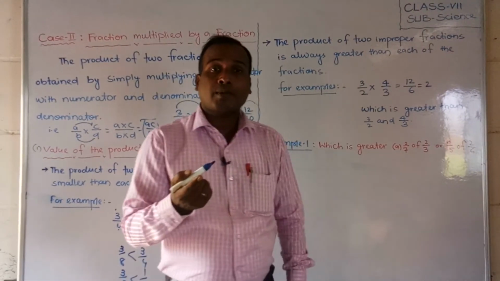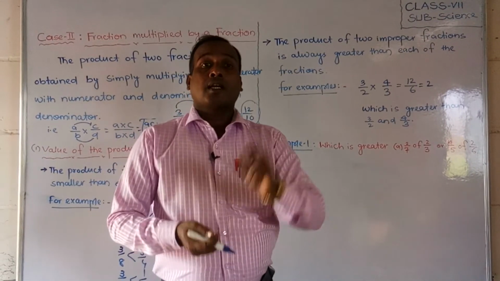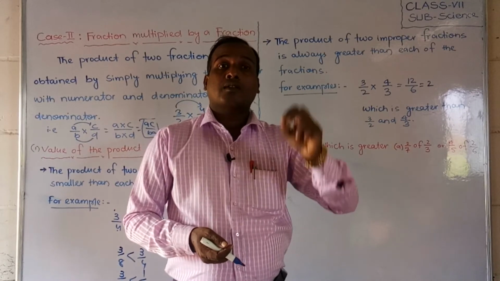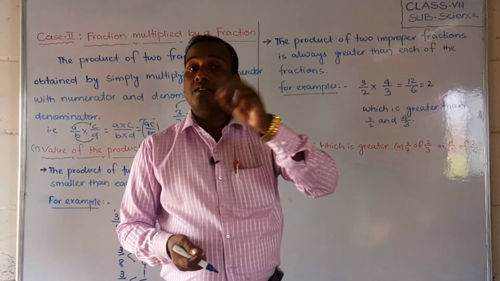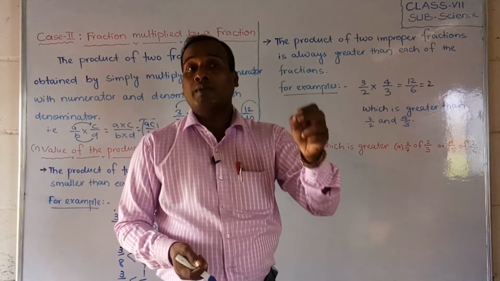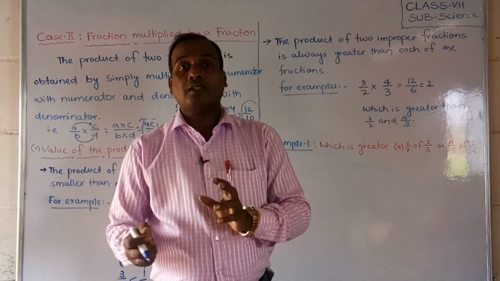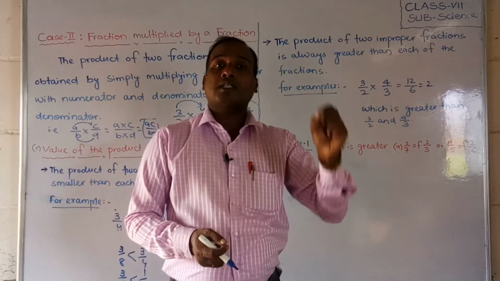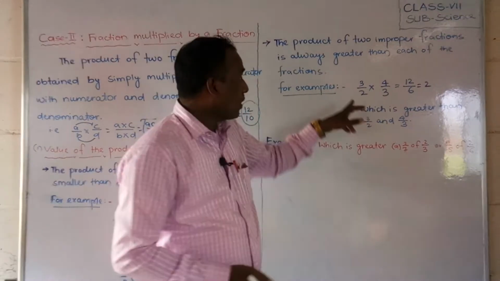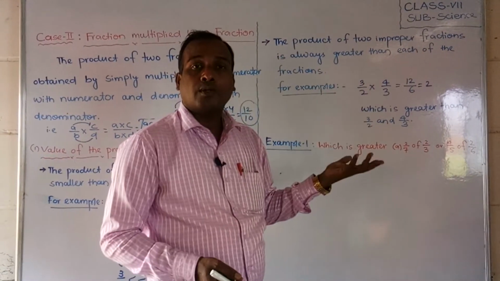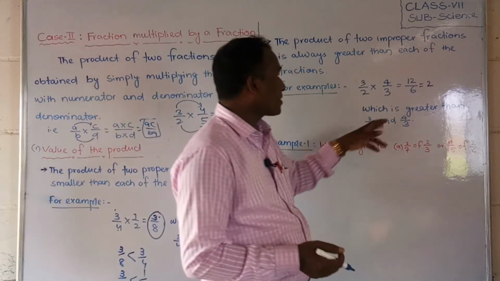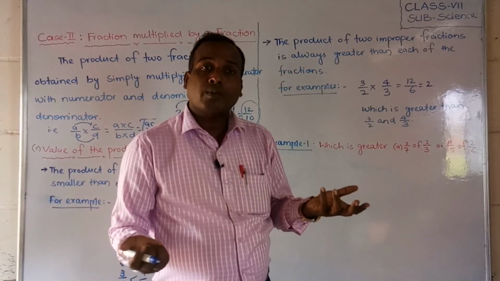What do you mean by improper fraction? Improper fraction means a fraction whose numerator is greater than the denominator. So now I have written 3 by 2, which is an improper fraction. 4 by 3 is also an improper fraction.